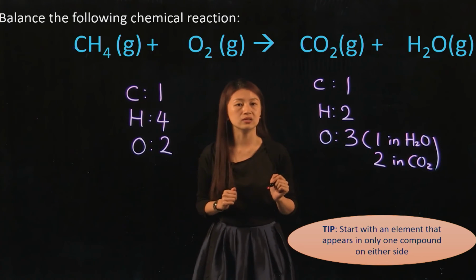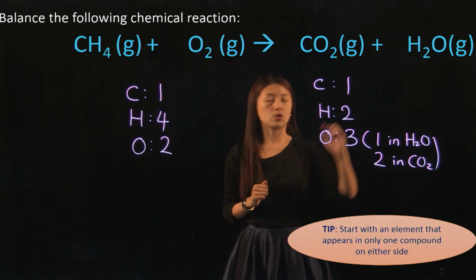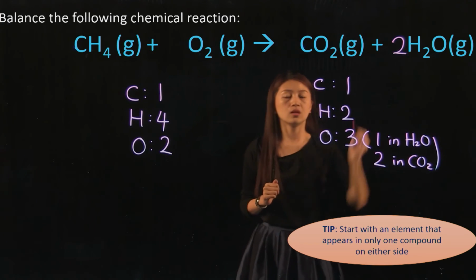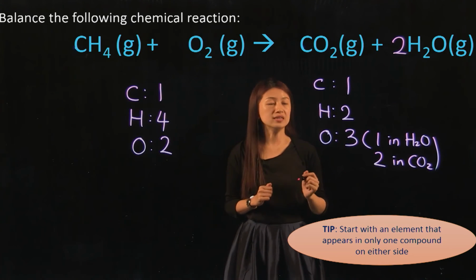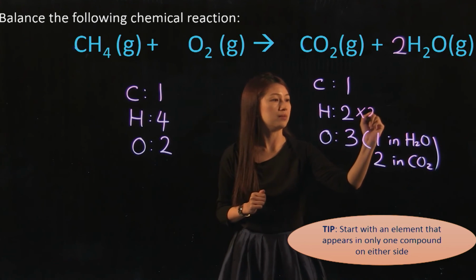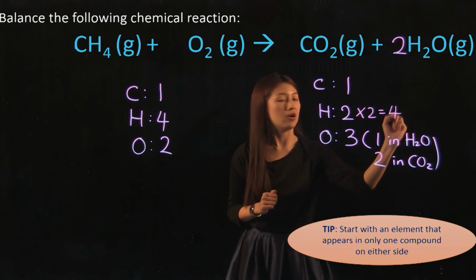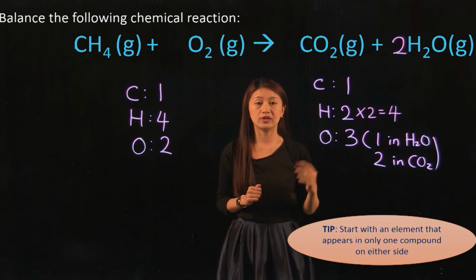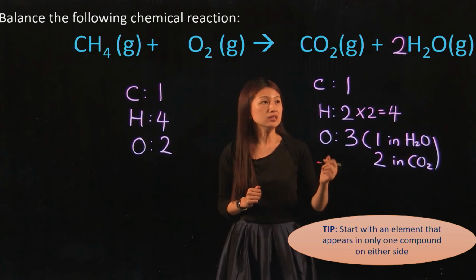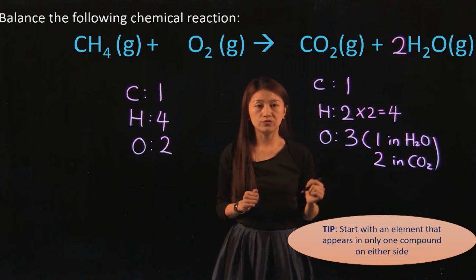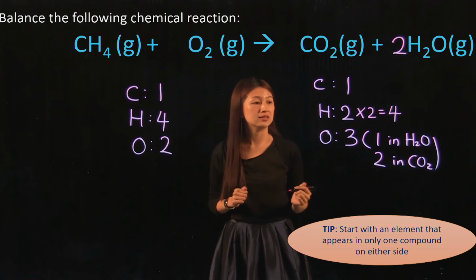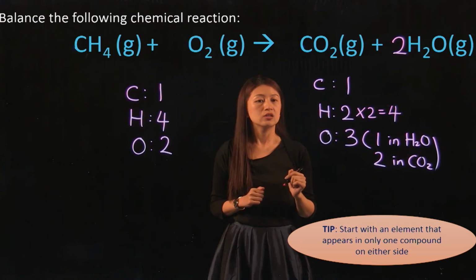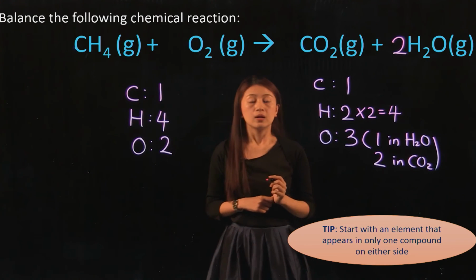In order to balance it, we will have to add a coefficient of 2 in front of H2O. That means we're going to have a total of 4 hydrogen atoms on the product side. Now by putting a 2 in front of H2O, we are also increasing the number of oxygens.